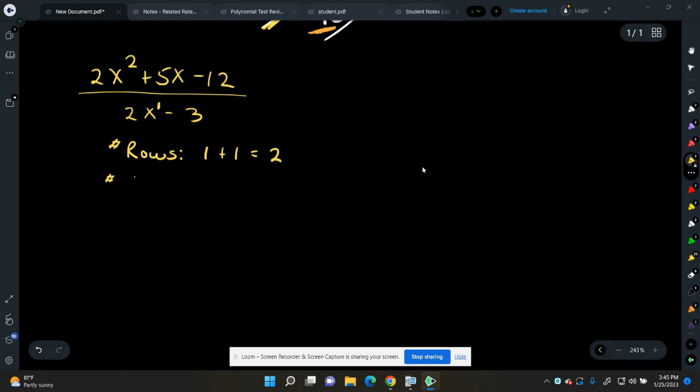Okay? The number of columns, that's going to be the exponent on top minus the exponent on the bottom, right? Plus 1. Okay?